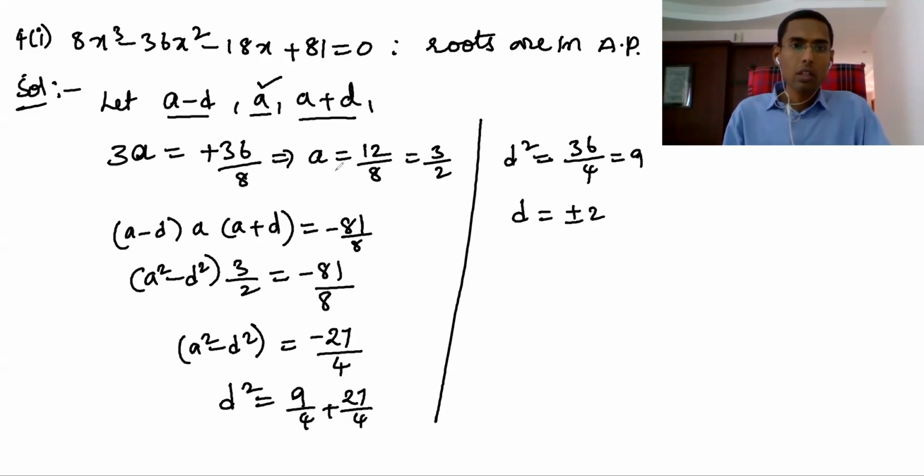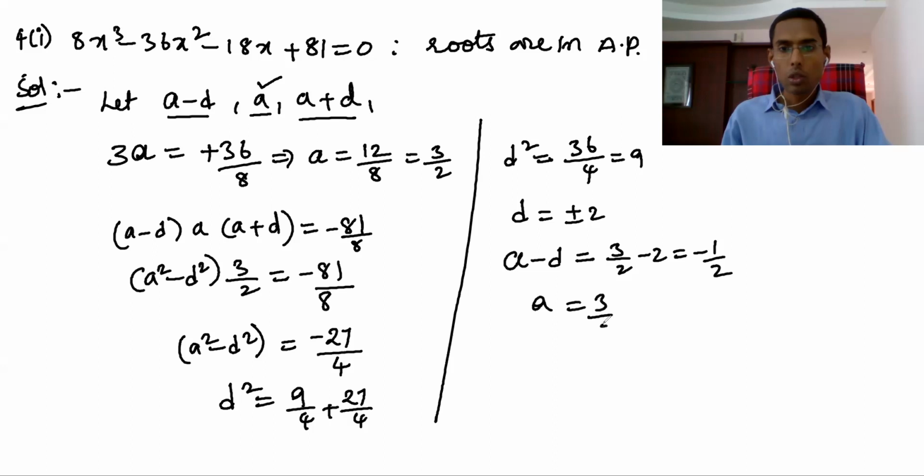Now what are the roots you get? a minus d equals 3 by 2 minus 2, which is minus 1 by 2. a is 3 by 2. And a plus d is 3 by 2 plus 2, which is 7 by 2.